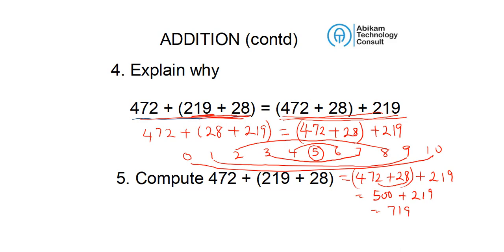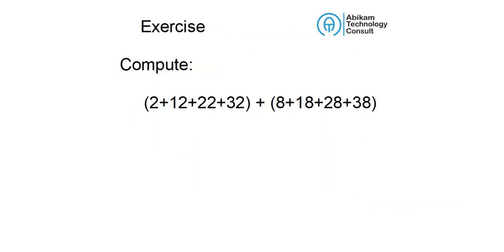So when you flip or reorder numbers, our addition becomes easier. All right. So yes, we can use this to do so many things. Look at this. Compute this. Yes. Remember, we have 2, 2, 2, 2, 2, and 8. So pairs of 2 and 8. We can use the commutative principle here.